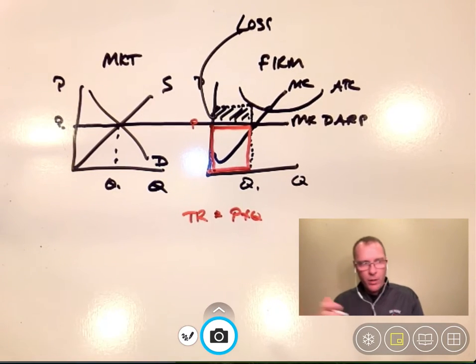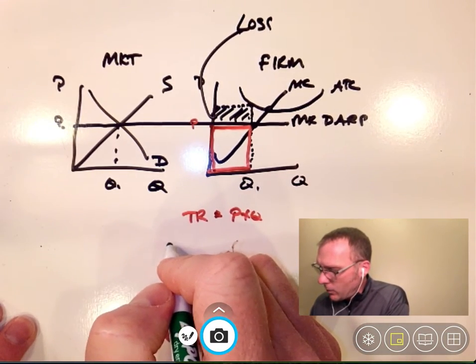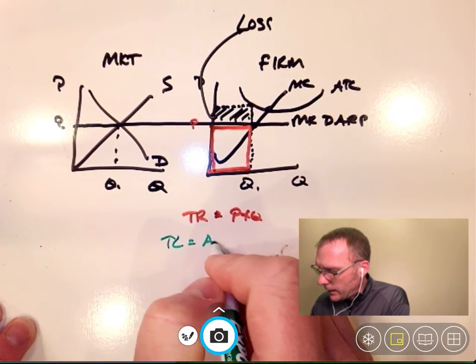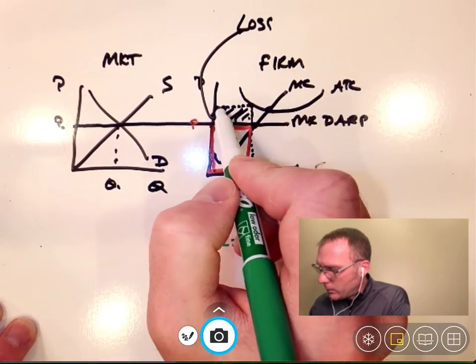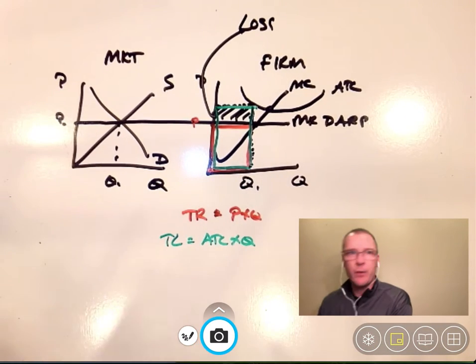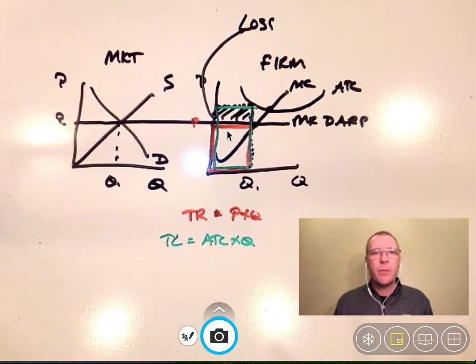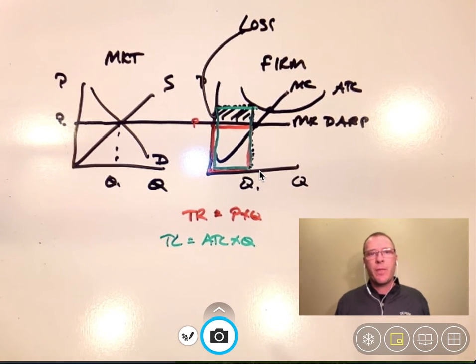If I look for my costs, again, take your average total cost, multiply it by quantity, right? So total cost equals ATC times Q. There's my total cost, that big green box. So the difference, that black highlighted section, that is definitely going to be the area of my loss because my total revenue is only this much and my total costs are this much. That is how you graph a loss.